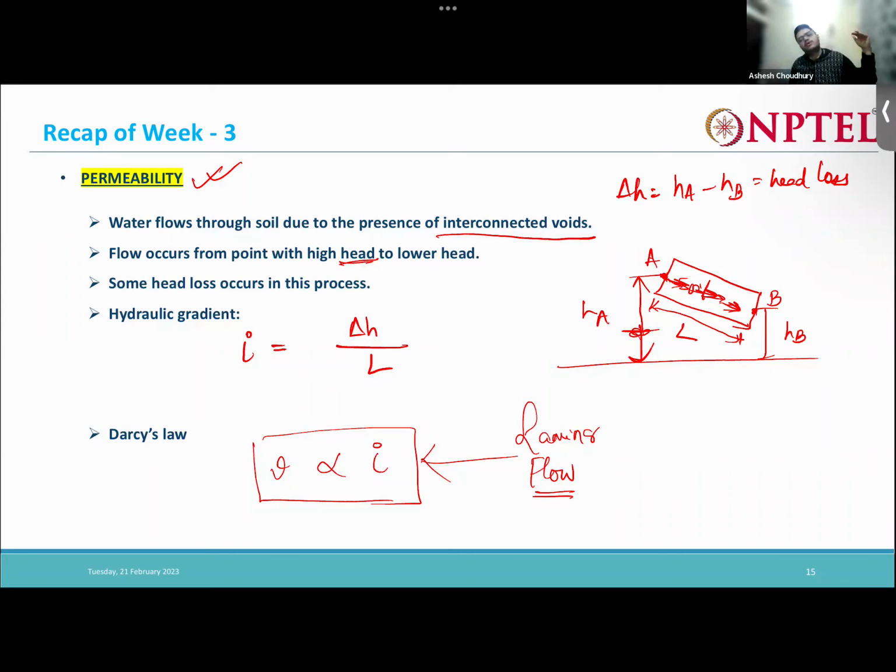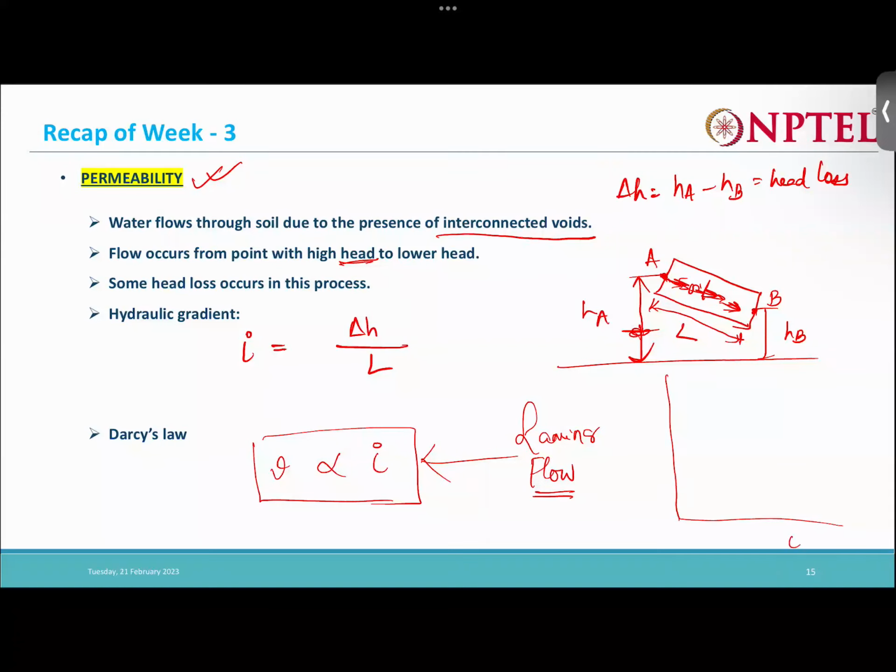All the layers are flowing discretely, with no intermixing of layers. The opposite of laminar is turbulent. So when all the layers of water are flowing discretely, that is laminar flow. Darcy's law is only valid when the flow is laminar.